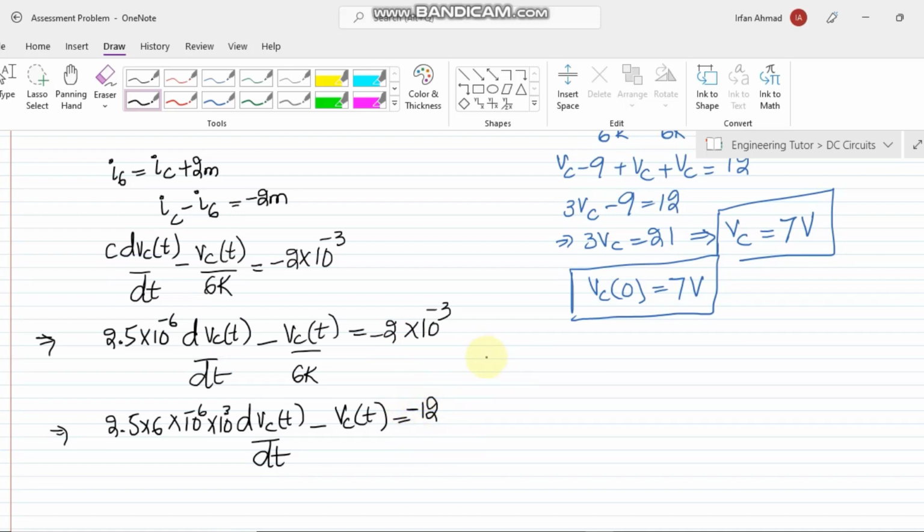Okay, and 10 raised to power minus 3 will be cancelled out with the kilo term of 10 raised to power plus 3.